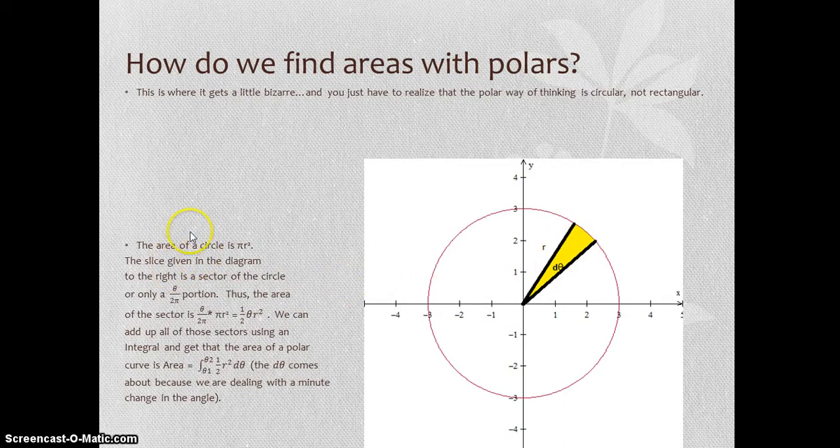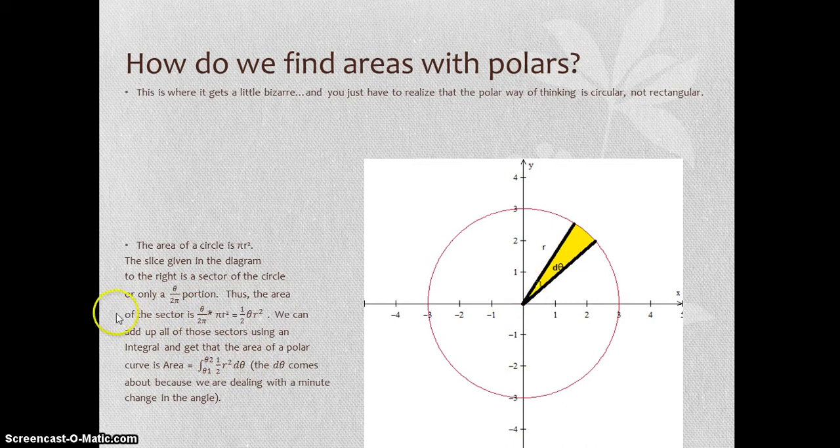Some things to remember. Obviously, the area of a circle is pi r squared. But the slice, the sector given in the diagram, has theta over 2 pi portion of the circle. Why theta over 2 pi? Because the portion of the circle that we're doing is the theta portion, and the entire circle has radians of 2 pi. So this is the fraction of the circle that we're dealing with.